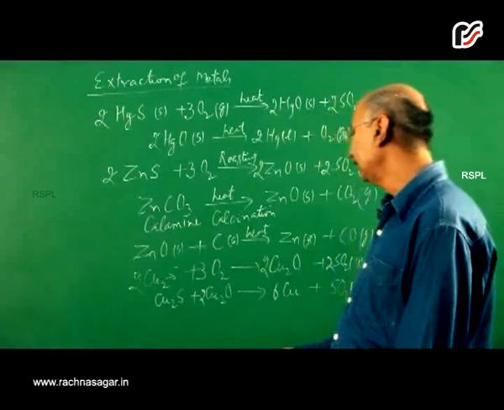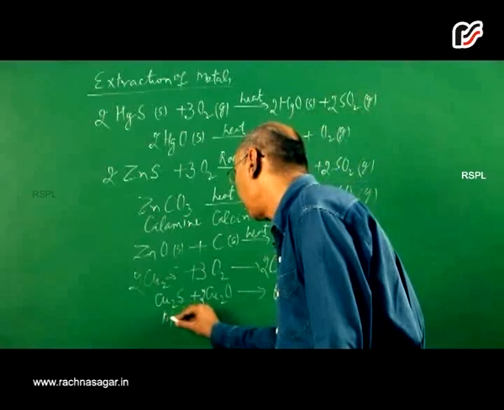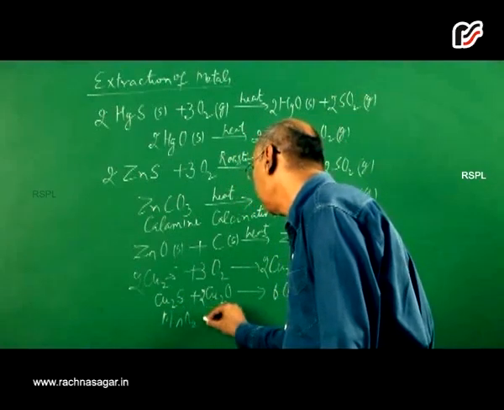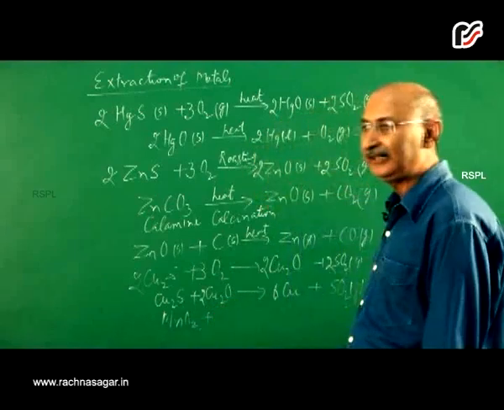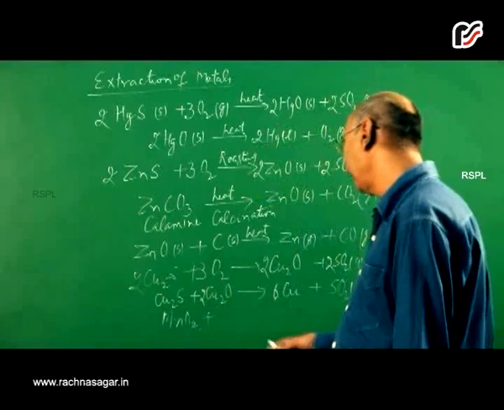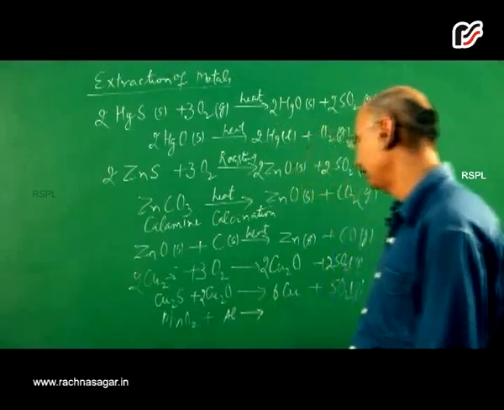It is not necessary that in all the reductions we use carbon as reducing agent. Those metals which are moderately reactive or not so less reactive, in those cases aluminium is used as reducing agent.